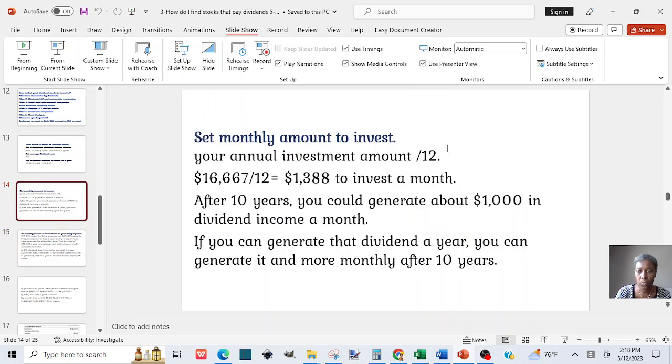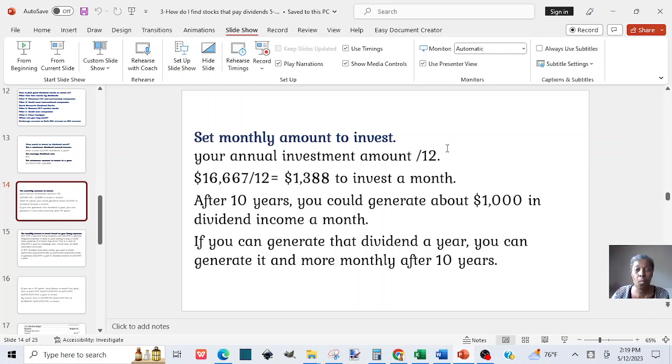Something I like to point out as well: if you want to invest $16,000 a year or $17,000 a year to be able to earn $1,000 in dividends a year, and that breaks down into $1,288 to invest a month, and you make a habit of investing that, in 10 years we can assume that you'll be making $1,000 in dividends a month.